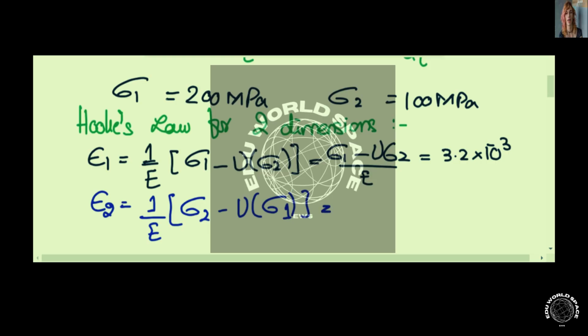Simplify it and we get sigma sub 2 negative epsilon times sigma sub 1 divided by E. Again, just plug in the values and we get that it is equal to 0.75 into 10 raised to power negative 3, right?